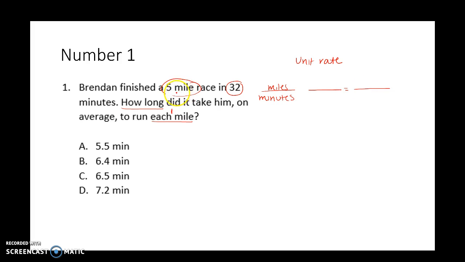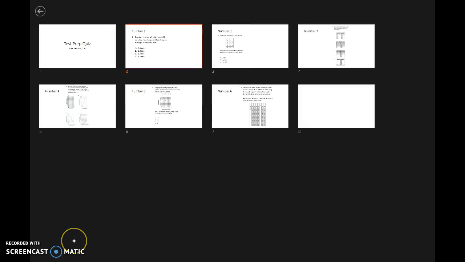So if it says 5 miles in 32 minutes, where's miles go? On top. 32 minutes. And we're asking how long for each mile. So we know that we want 1 mile, but we don't know how long it's going to take.